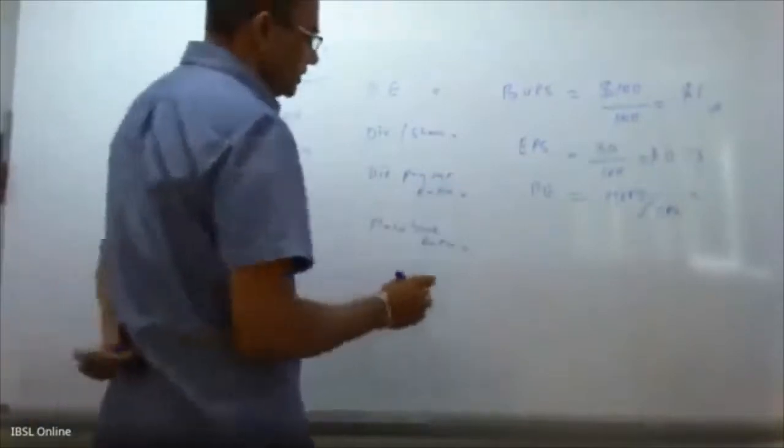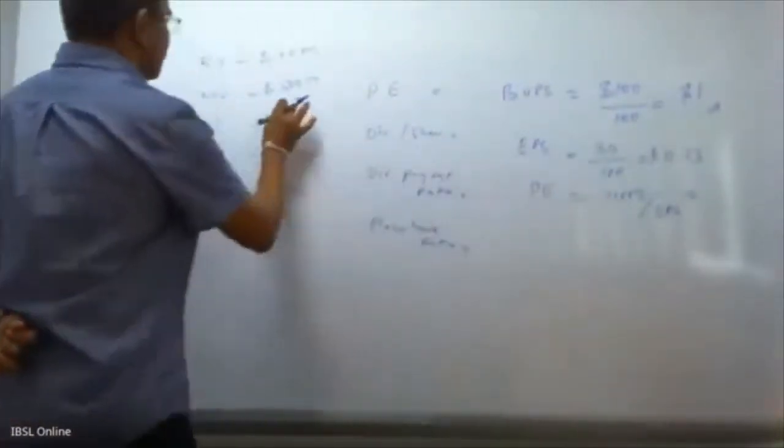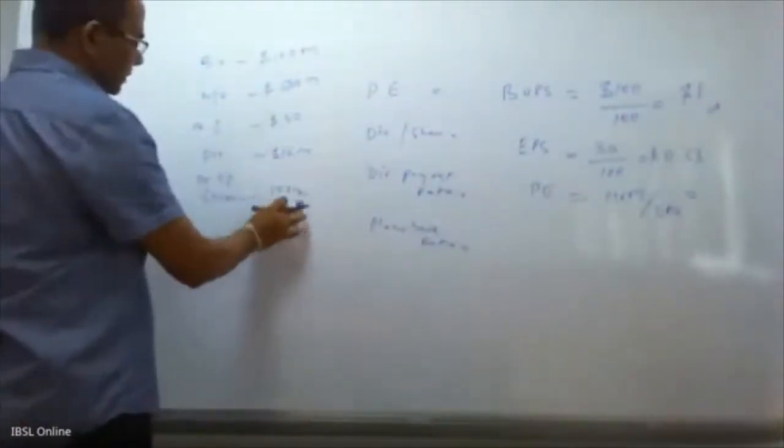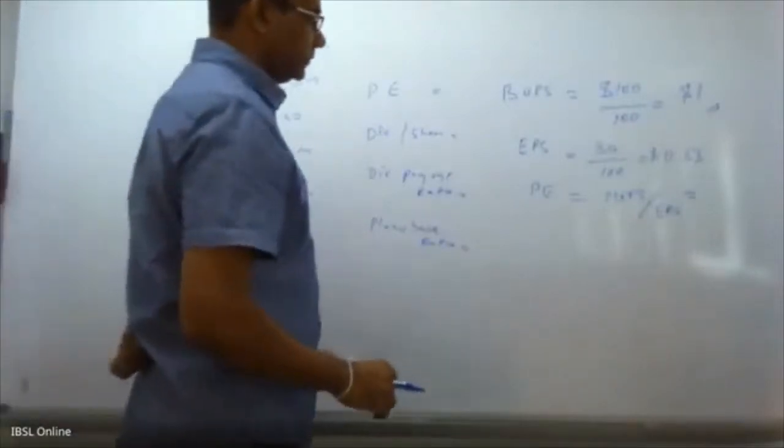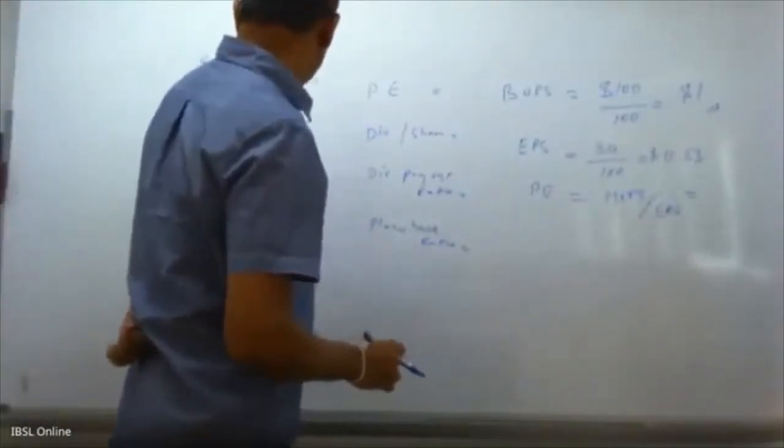Your market value per share is 500 million divided by 100 million, isn't it?